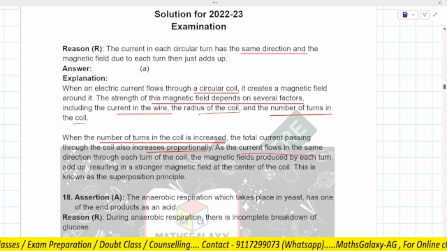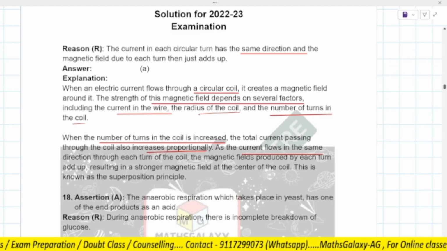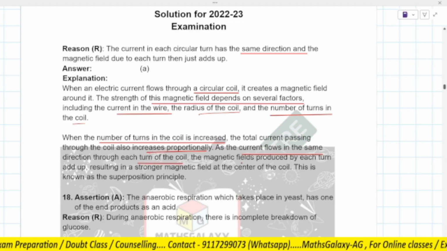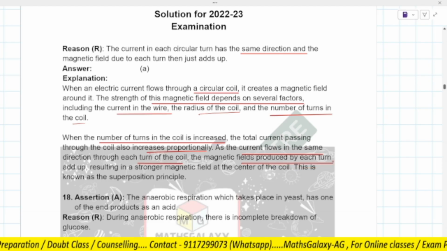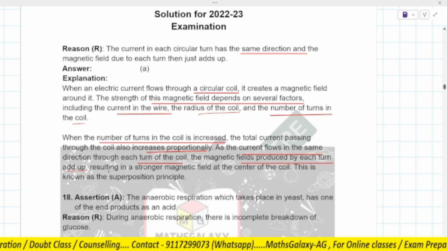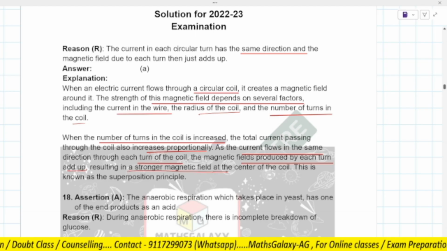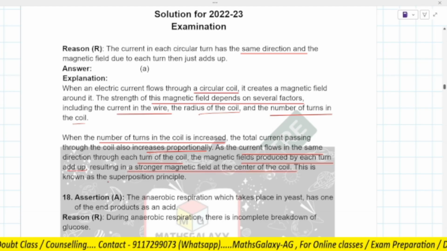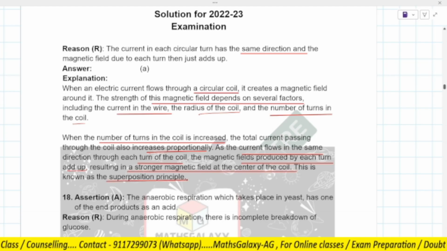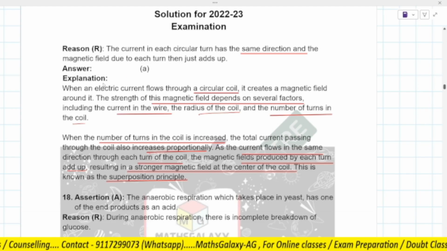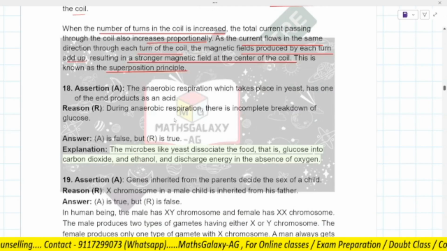As the current flows in the same direction through each turn of the coil, the magnetic fields produced by each turn add up, resulting in a stronger magnetic field at the center of the coil. This is known as the superposition principle. Is it clear? Or any doubt?